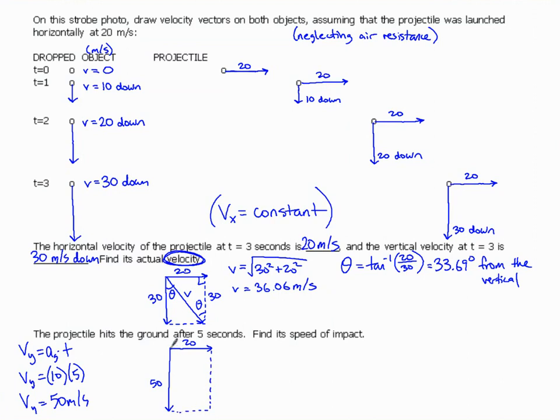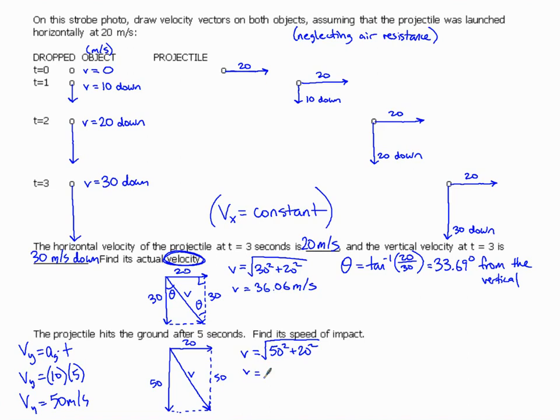Here's our parallelogram method. And this is the actual velocity. So velocity equals, we're using the Pythagorean theorem, square root of 50 squared plus 20 squared.